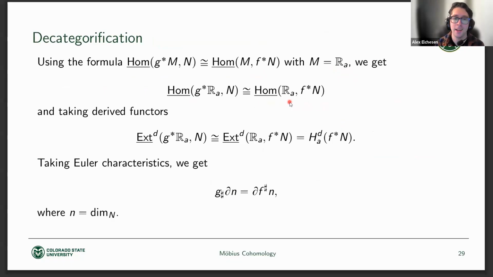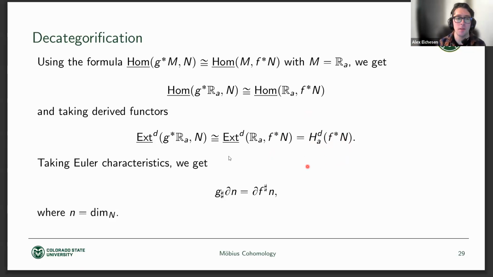I can take derived functors on both sides. So I get Ext on the left, and I get Ext on the right. The Ext on the right is exactly what we defined to be Möbius cohomology. This was that thing where you probe a module by probing with simple modules, and then you take derived functors, and that's what we called the Möbius cohomology, in this case of the pullback of n.